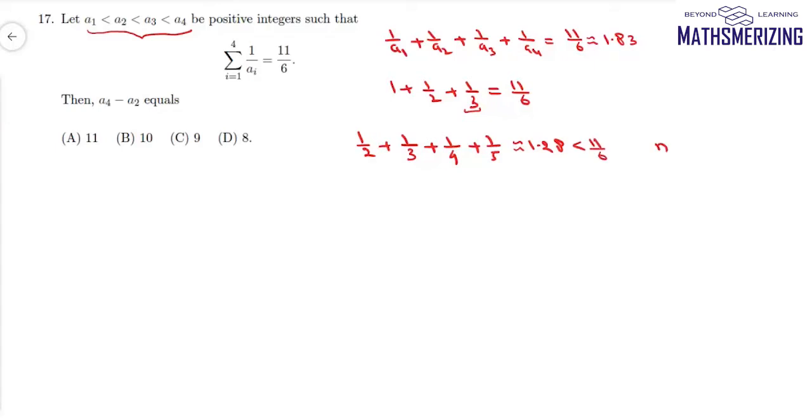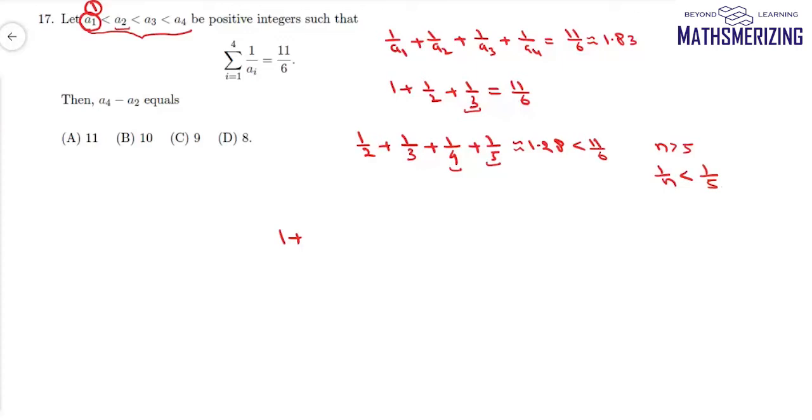Now if I choose any number n greater than 5, then 1 upon n will be less than 1 upon 5. So if I replace any of these numbers with 1 by n, this sum will still be lower than 1.28. So it can never be equal to 11 by 6. Which simply means one of the numbers has to be 1. So we are sure that A1 should be 1.